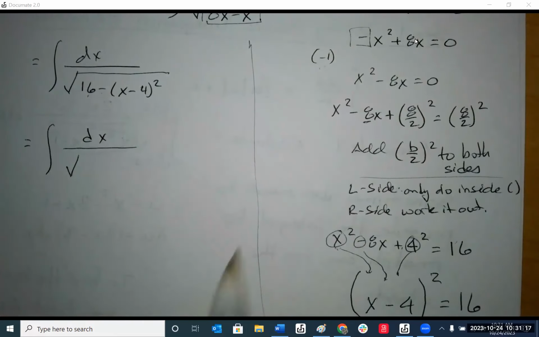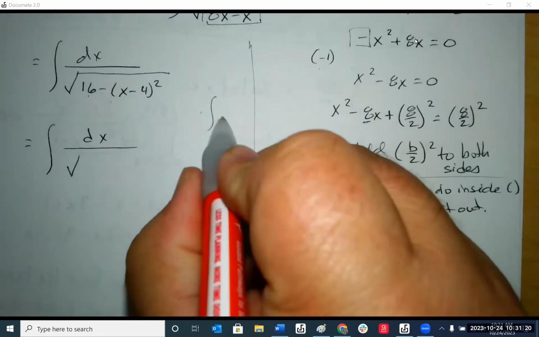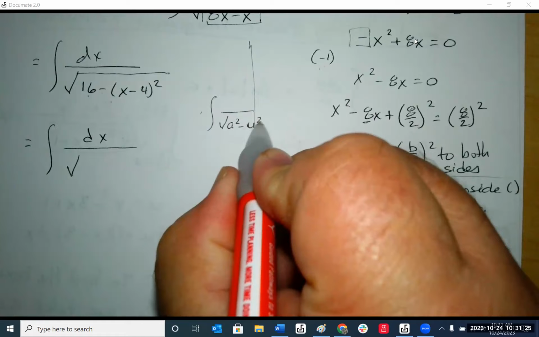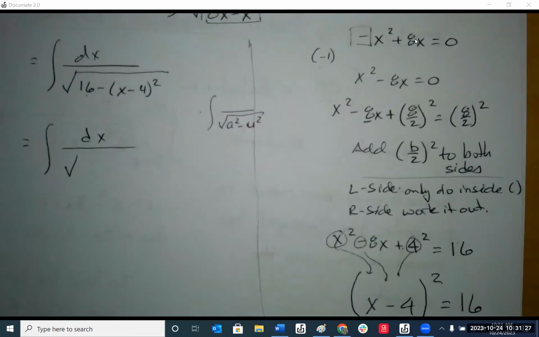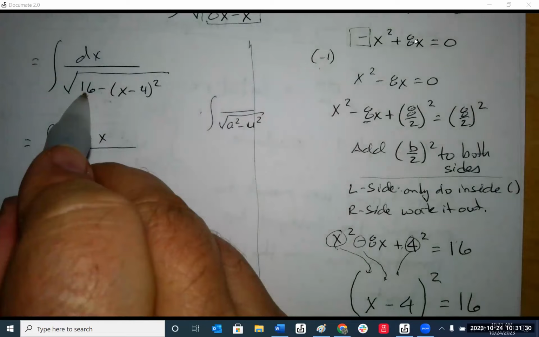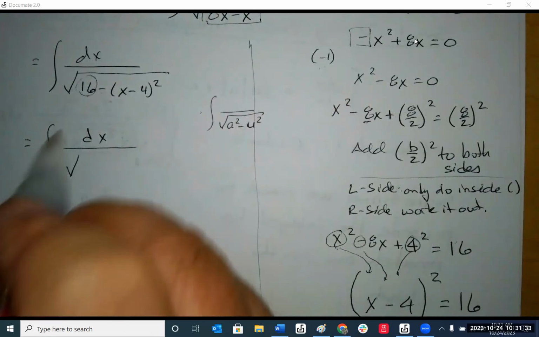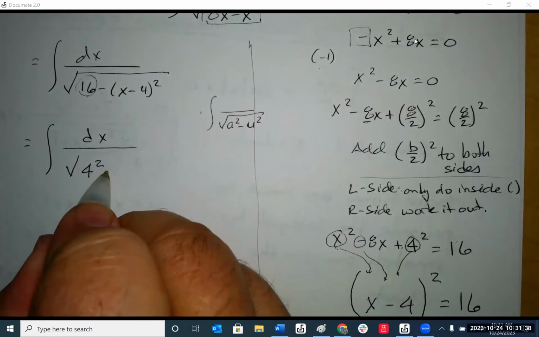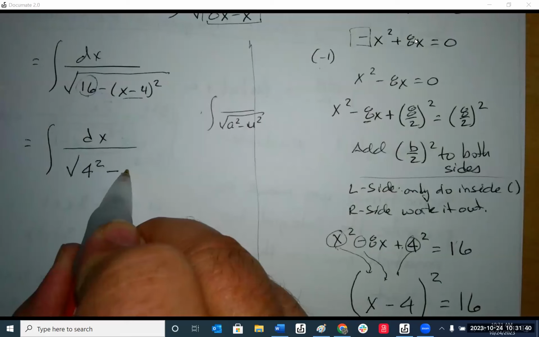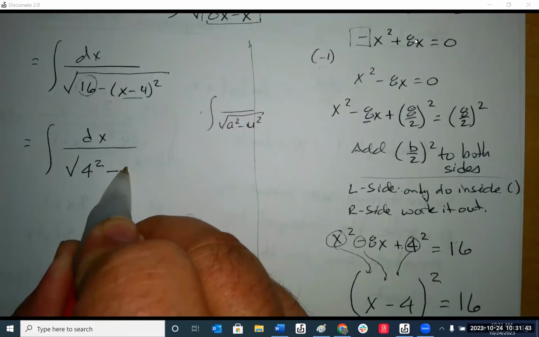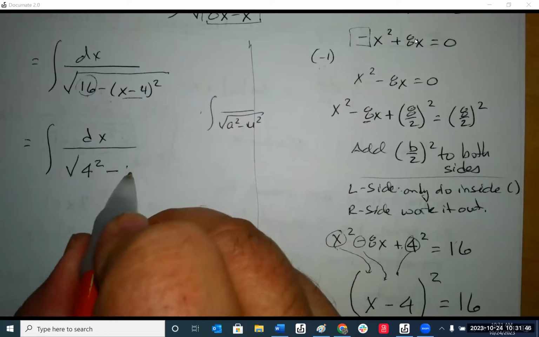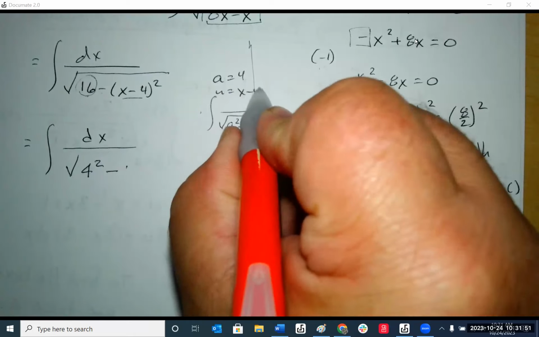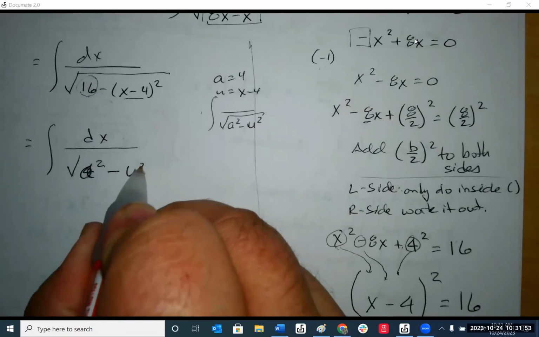In order to use Rule 18, 16 is made of what? 4 squared. And this is our U. So A is 4, U is x minus 4. So we have A squared minus U squared.